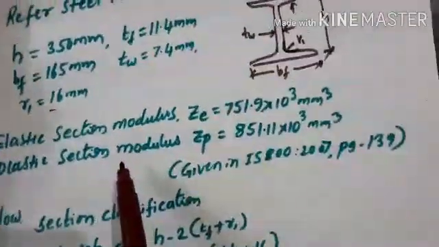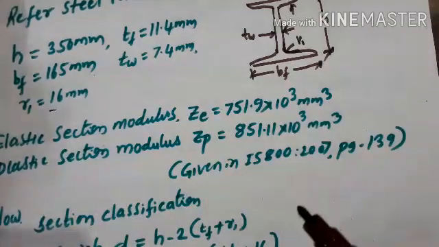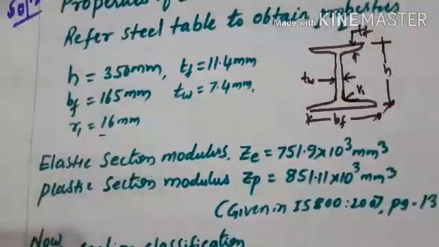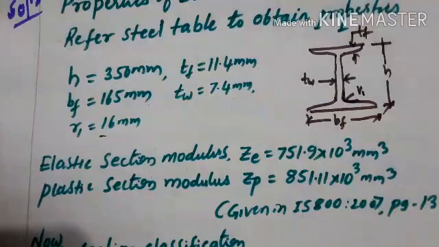Then the elastic section modulus and plastic section modulus, you can refer IS 800:2007, page number 139. If you refer, you will get, I'll show you here.